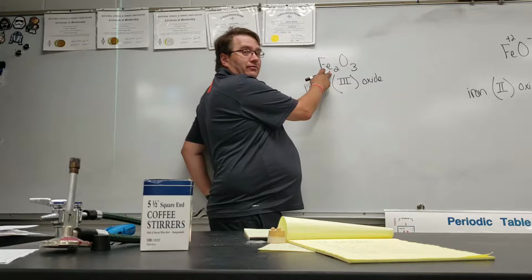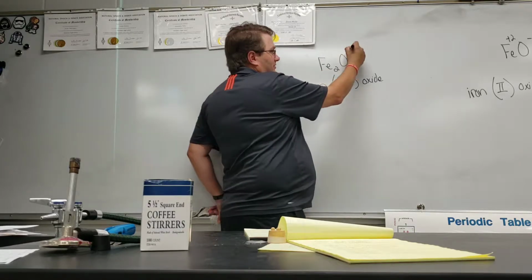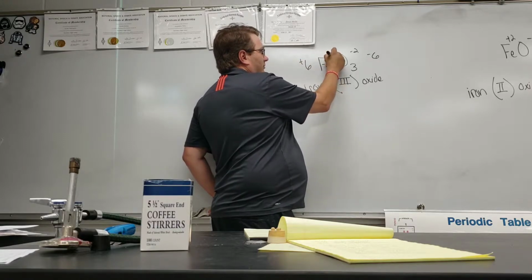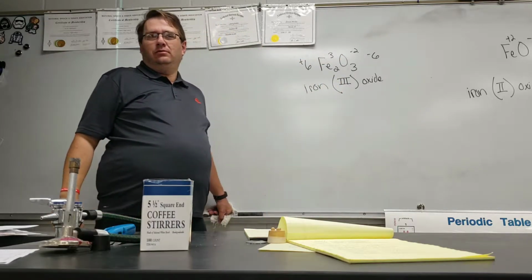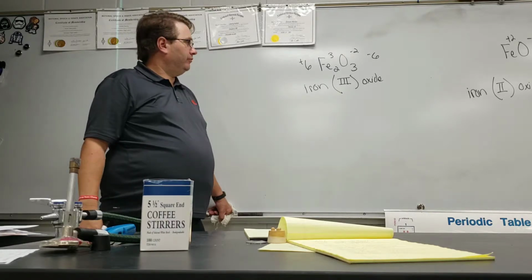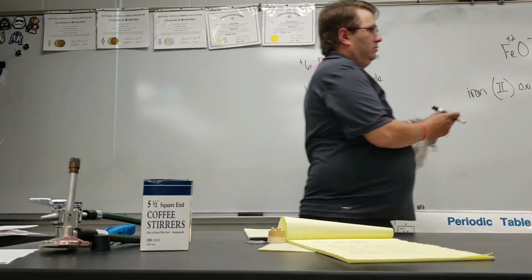You see how he did this, guys? This is -2, it's like the whole thing is -6. This is +6, so it becomes 3. Make more sense now? Just like what we did a day ago.